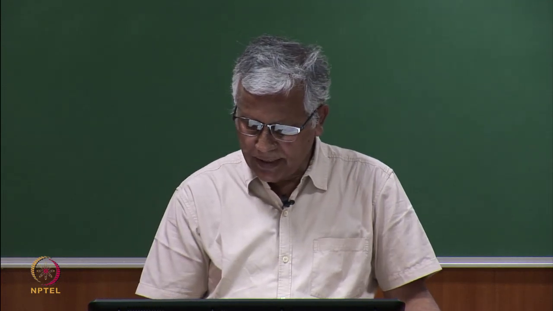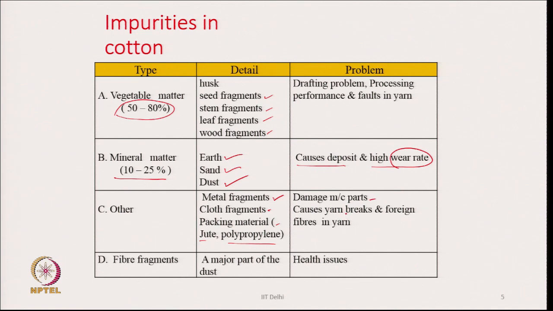So, many things could be there, and they can also damage the machine parts, they can cause yarn breaks, and they could be a source of foreign fibers in the yarn. And we will see later on that the presence of foreign fiber in the final yarn is a great nuisance. This will spoil the yarn, this will spoil the fabric, this will bring down the quality of the final fabric, and the mills are very concerned about the presence of foreign fibers in the yarn.